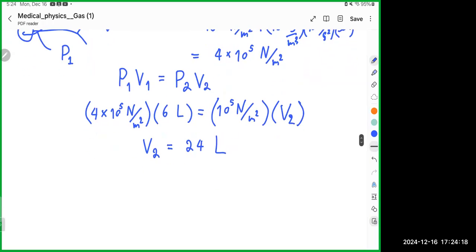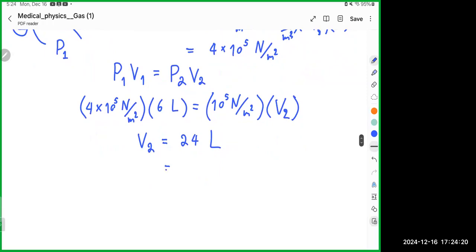You can answer in this unit, or maybe you just change it later. So I will give you the conversion. You might ask, is it necessary to change the unit into SI unit?